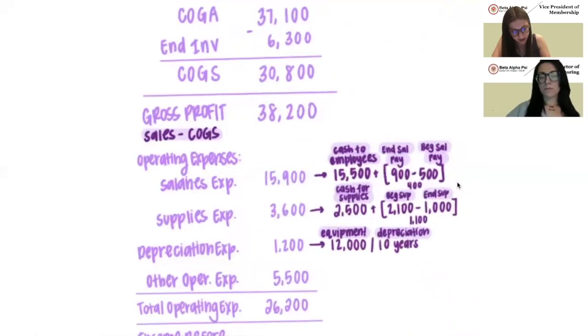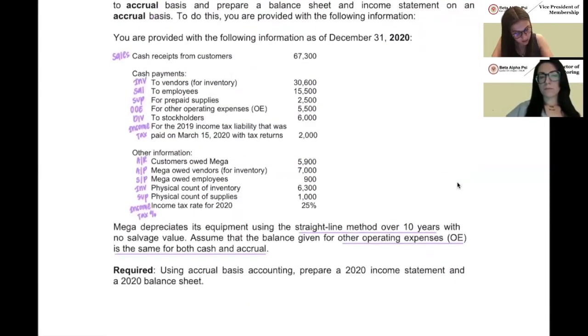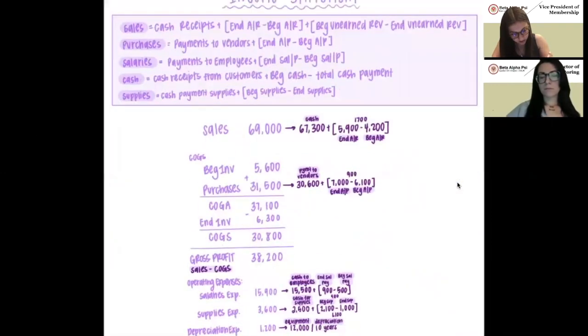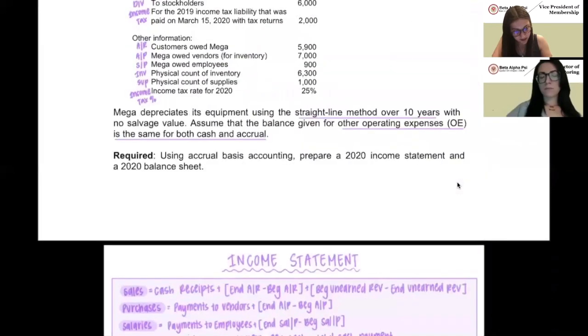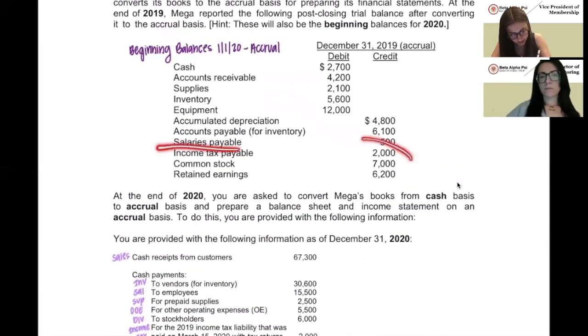So first, let's find the cash paid to employees, which they give us in our information. So cash payments to employees, $15,500. And that's going to go right here. Then our ending and our beginning salaries payable, let's find. Our beginning salaries payable, they give us that information in our beginning balances.